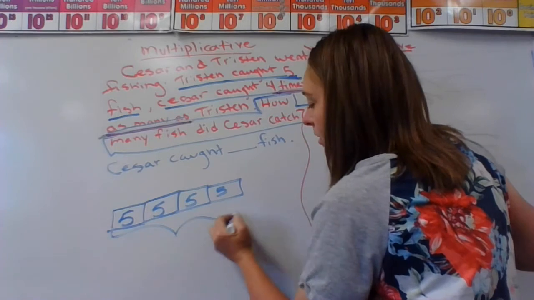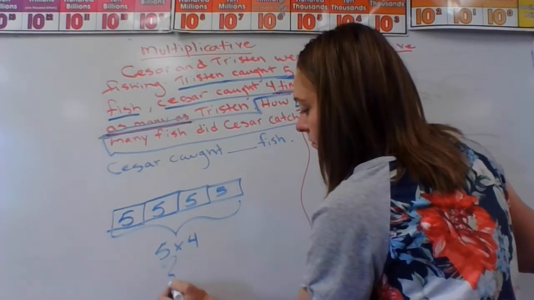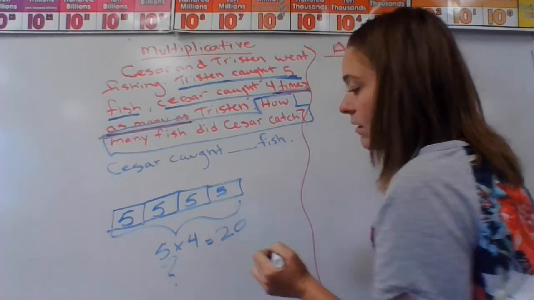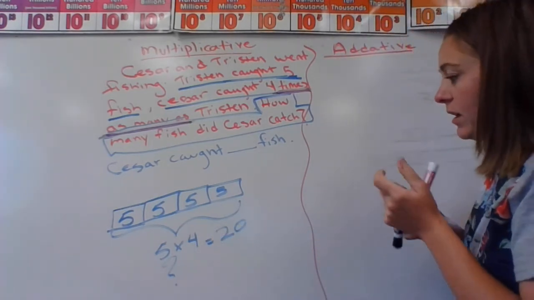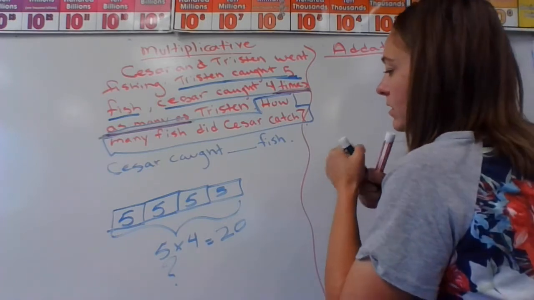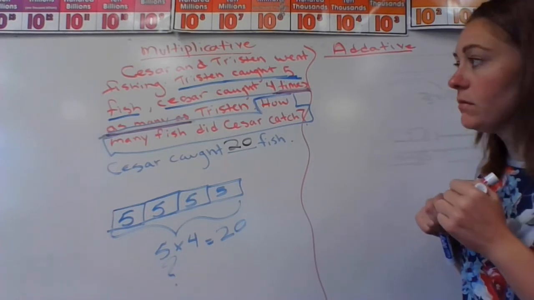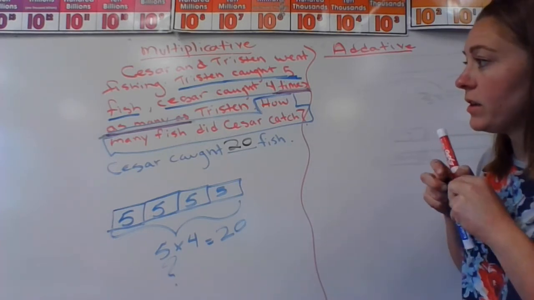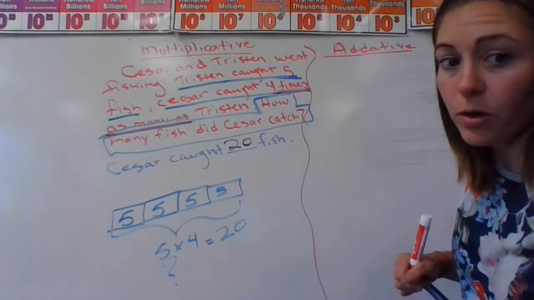So Caesar would have 5 times 4 for that total, which is 20 fish. All right, and we'll be able to put that down below here. Caesar caught 20 fish. All right, so you can see how when you hear that as many or that times, you know, okay, got to be multiplying or dividing now.